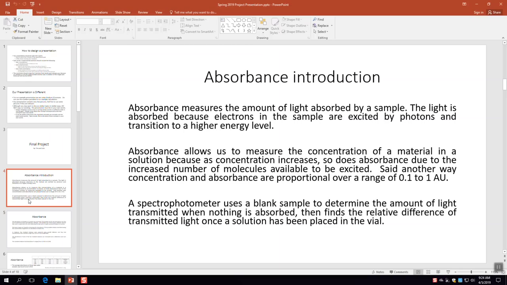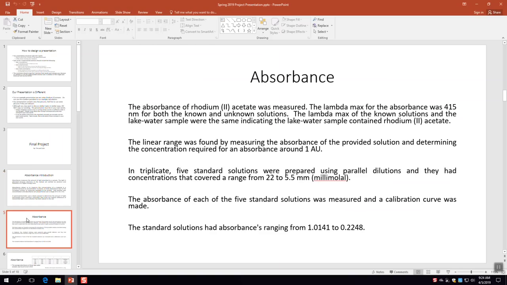So that way, any small inconsistencies based on the vial we're using or the spectrophotometer we're using are taken into account because we can subtract that amount out of each of our solutions once we had our solute in the spectrophotometer. So specifically for us, we were measuring the absorbance of rhodium-2 acetate.